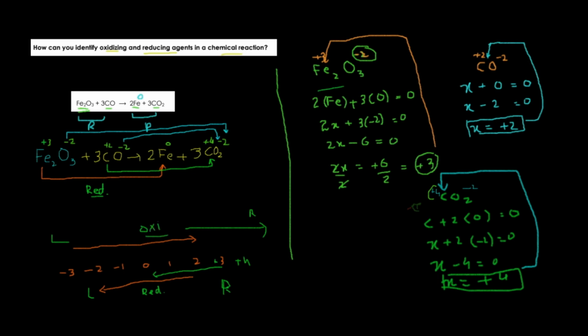So the carbon atom is showing oxidation. In this case the iron atom is being reduced, and the atom that is being reduced acts as an oxidizing agent, while the carbon atom is being oxidized, so it is acting as a reducing agent.